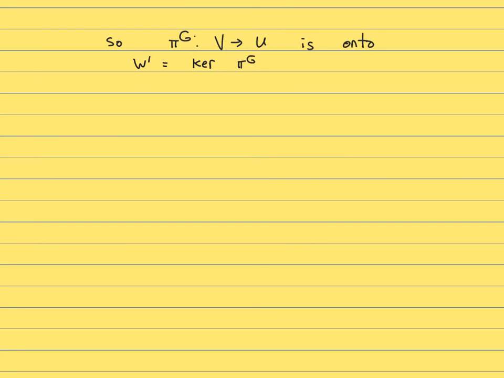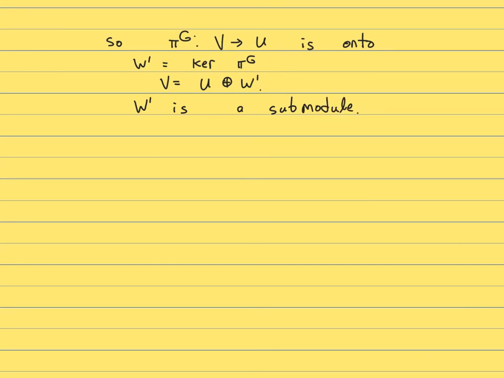And because this is surjective, it follows that V is the direct sum of U with W prime. Because this is G invariant and preserves the action of G, it should follow that W prime is a submodule, which is what we wanted to show.